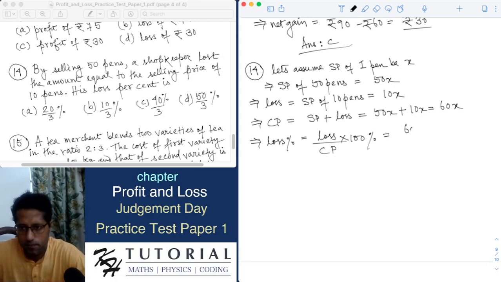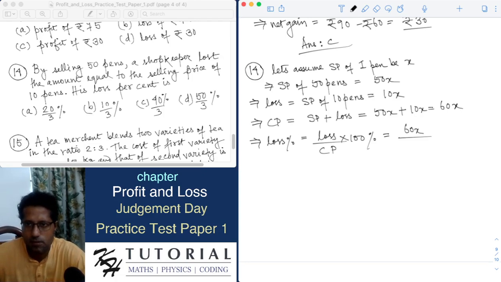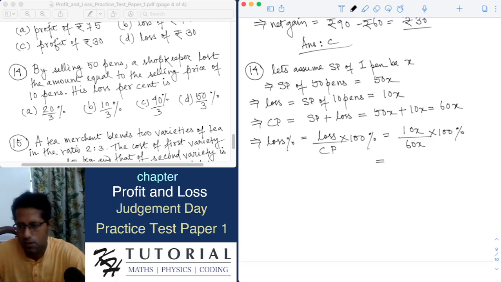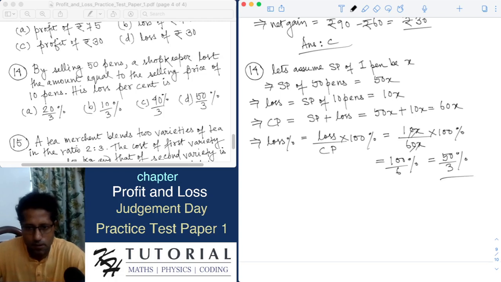Loss is 10x, sorry, loss is 10x, CP is 60x, multiplied by 100%. The x's cancel, 0 cancels, 100 by 6%. If you simplify it further, this is 50 by 3%. So the answer is choice D.